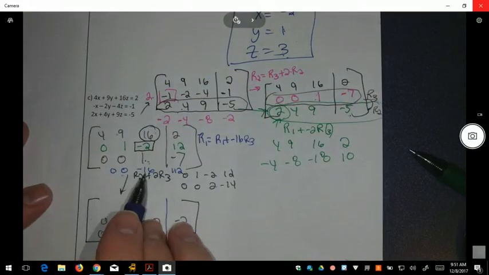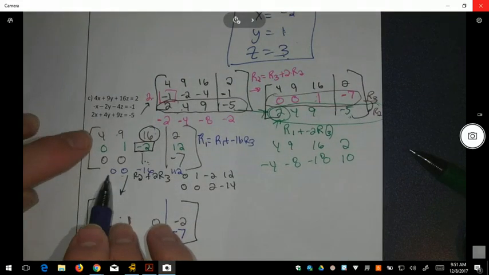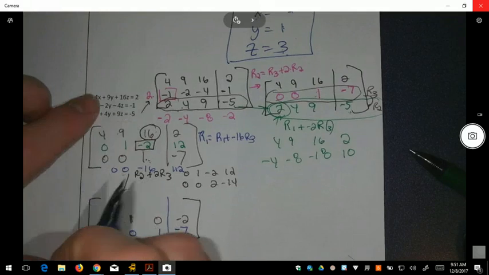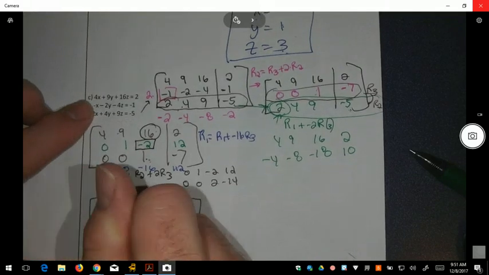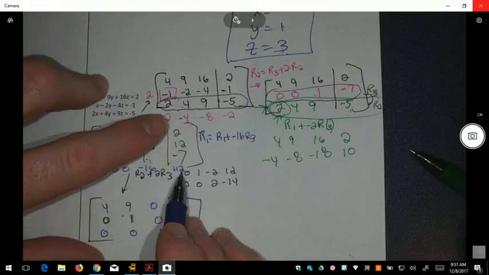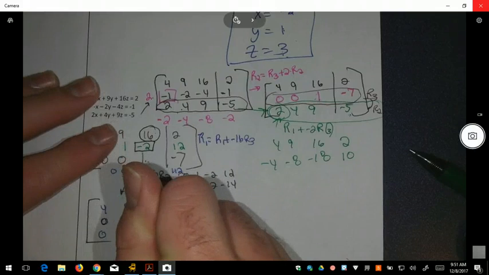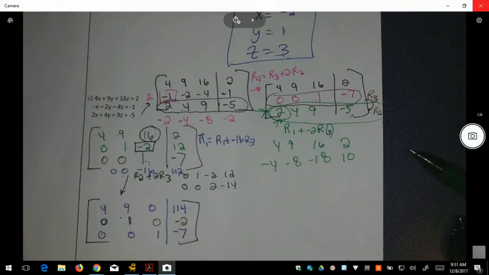So that's where you're seeing these blue numbers come from. So that's going to give me 4, 9, 0. And then 2 and 112 is 114. Any questions?